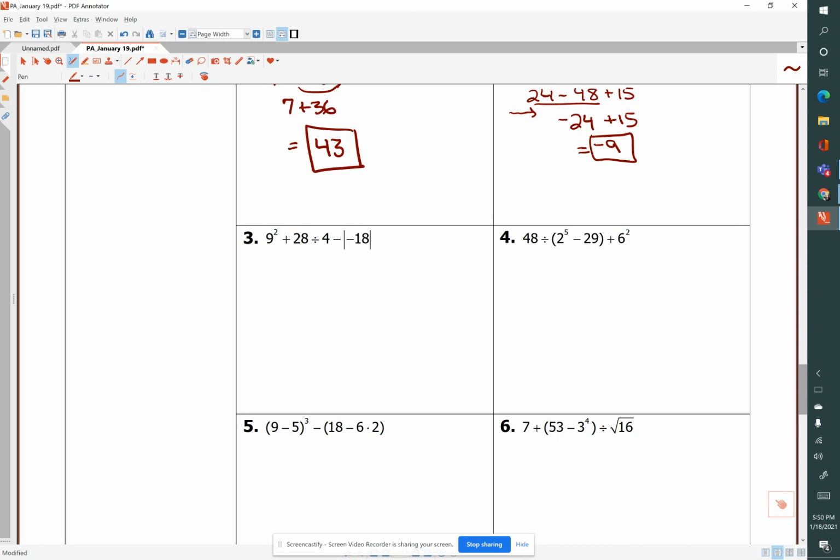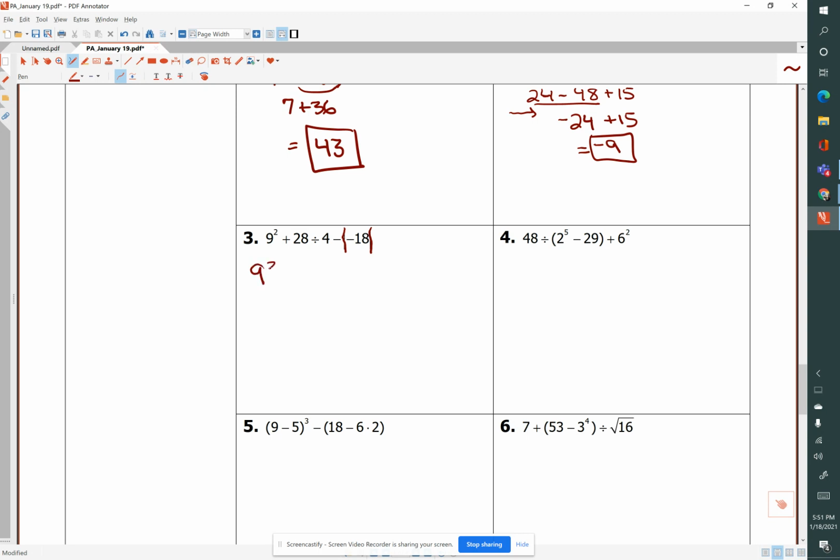And I see we have 9 squared, or 9 to the second power, plus 28 divided by 4 minus the absolute value of negative 18. Well, absolute value bars are also grouping symbols. So that's where we're going to start. The grouping symbol is first.